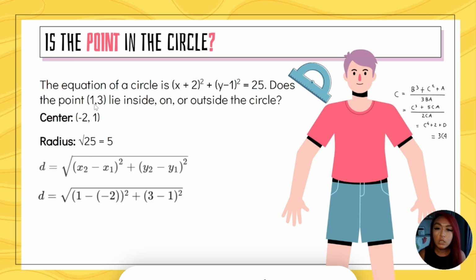So I'm just going to use the point (1, 3) and label that x1, y1, and I'll take the point (−2, 1), and we'll use that as x2, y2. So substituting into the distance formula, we get the square root of (1 − (−2))² + (3 − 1)².